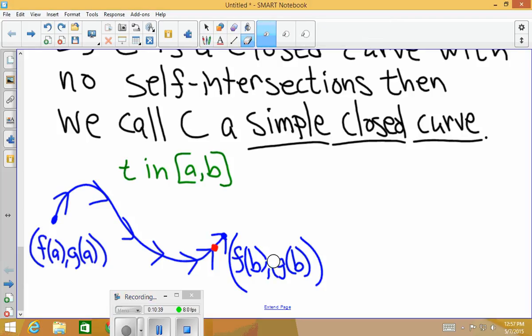So f of a, g of a, f of b, g of b are the endpoints of the graph. And since the endpoints are not equal, this is not a closed curve, and hence it's also not a simple closed curve.